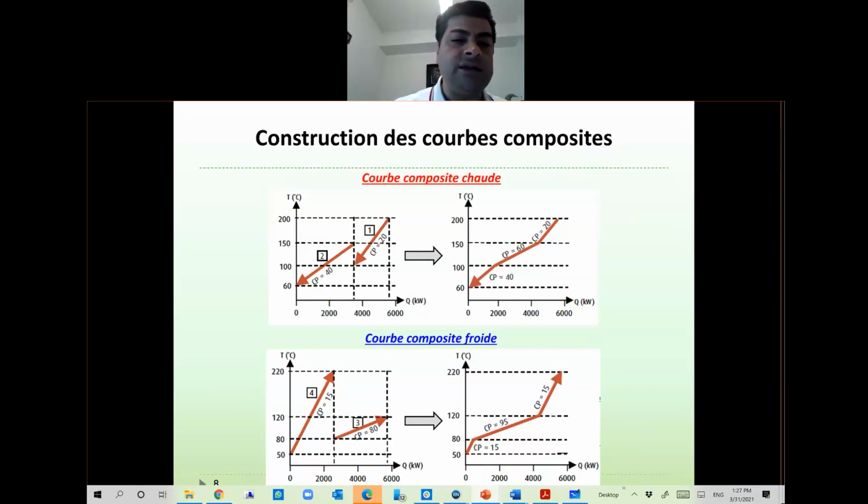If you look at the graph here on the top left, before I say that, composite curves are diagrams that represent whole hot streams and one diagram that represents whole cold streams in one place. And that diagram usually has its y-axis as temperature and x-axis as energy, as heat.